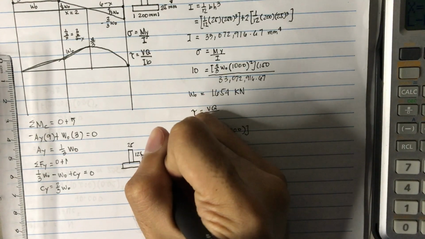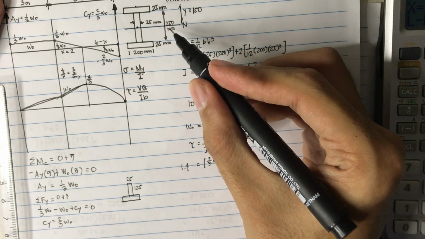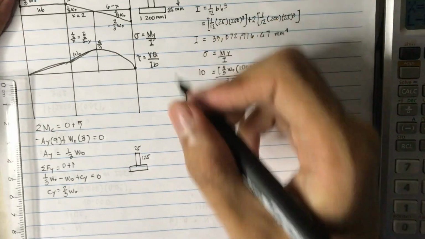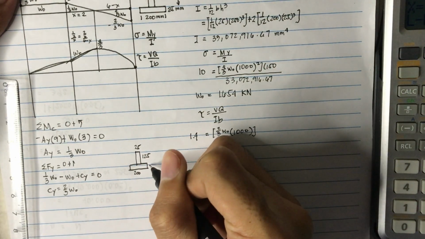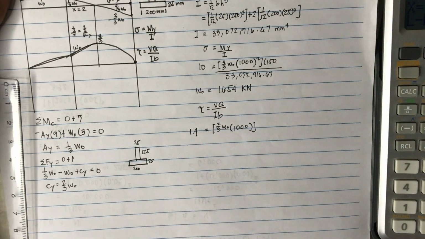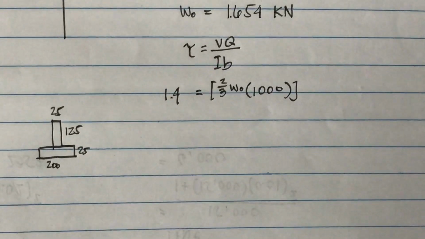Kani kay 125. Since 250 man na, i-divide sa 2 kay nag-cut man ka diri. So 125. Dayon kani is 200. Kani is 25.